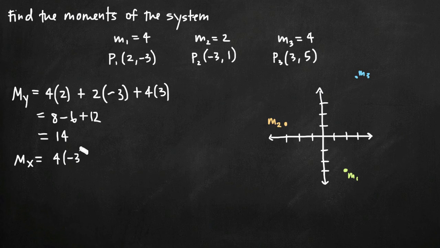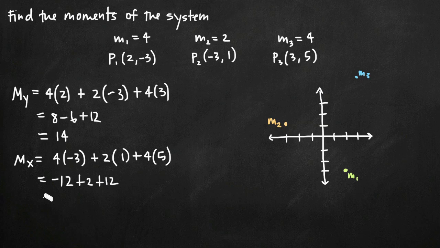So we're just multiplying by y-coordinates here. 4 times -3 plus the mass 2 times positive 1 plus the mass 4 times the y-coordinate positive 5, and then we solve this. -12 plus 2 plus 20 is going to give us a moment here of 10.